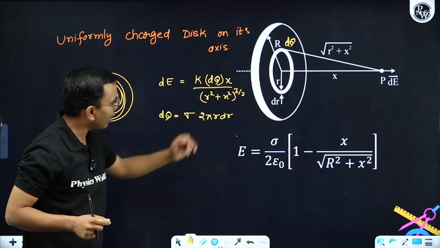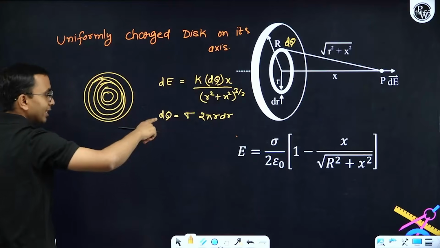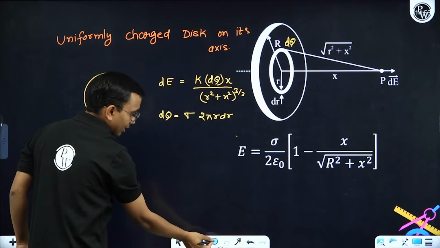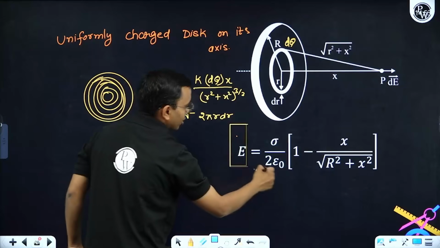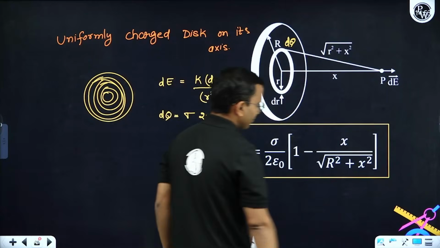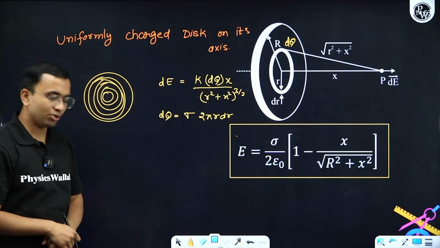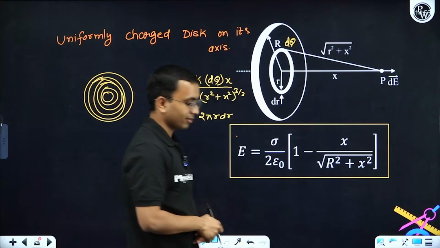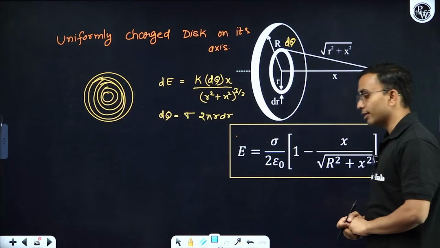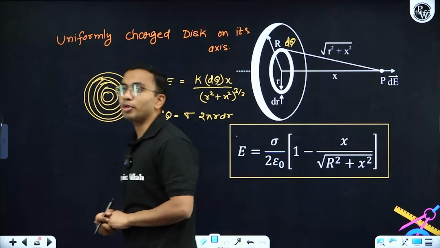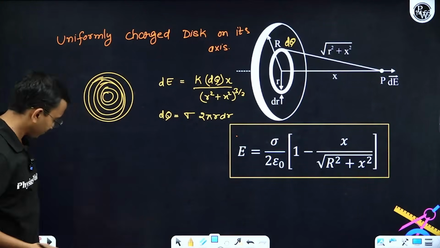Okay, therefore 2 pi r dr. Putting it there and then integrating it, you'll get this expression. Do we need to remember it? Yes, you need to remember it. It is asked, not very frequently as the ring formula is, but yes, this is also asked.